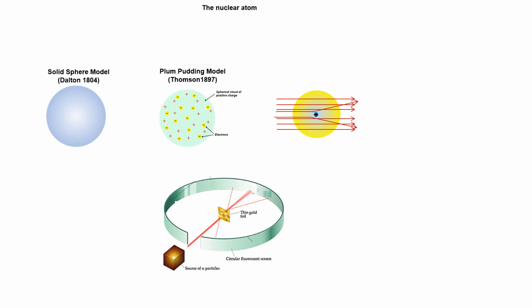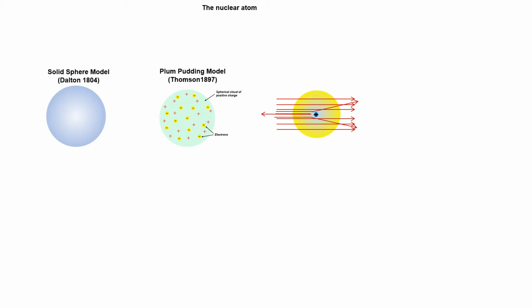A very small number of alpha particles were even redirected back toward the source. Then Rutherford proposed the positive charge must be localized over a very tiny volume of the atom, which also contains most of the atom's mass, which he called the nucleus.